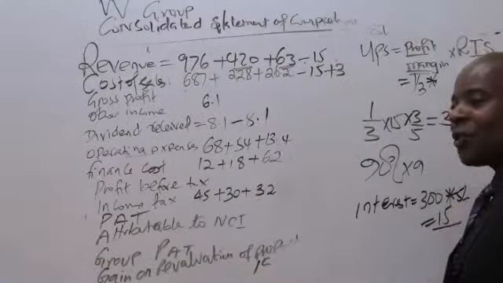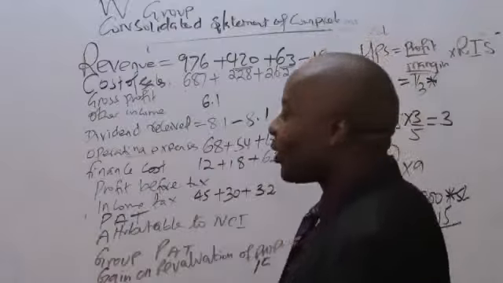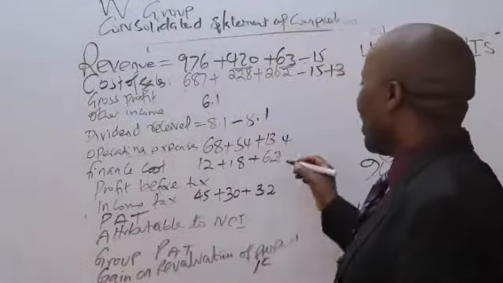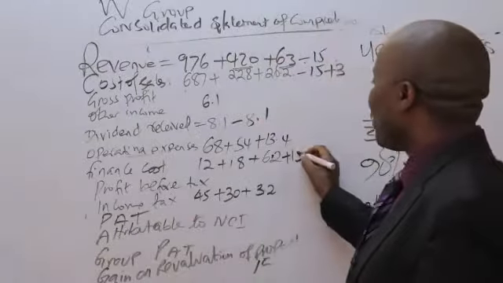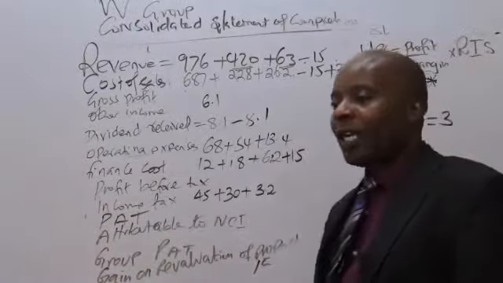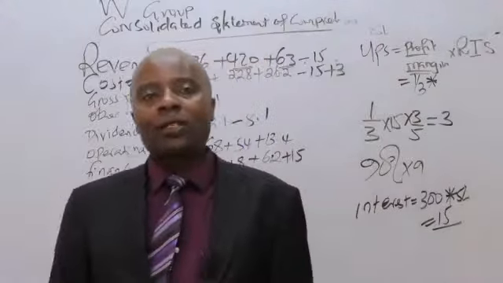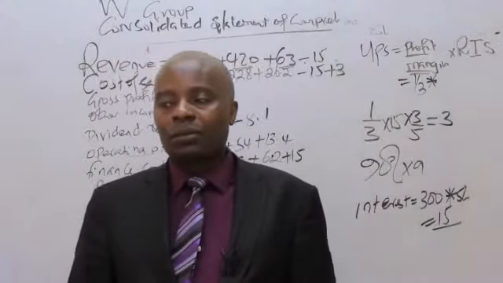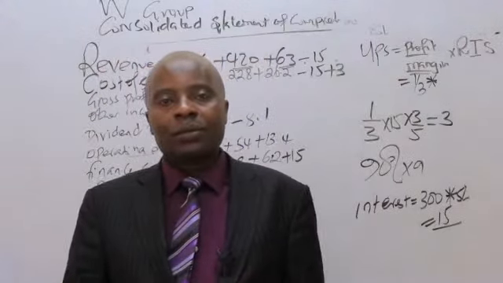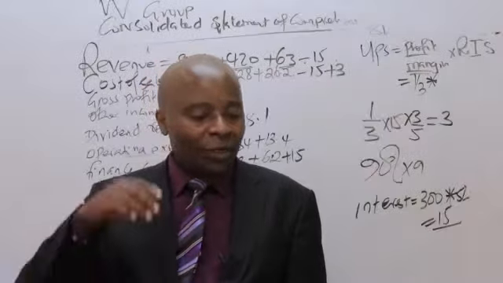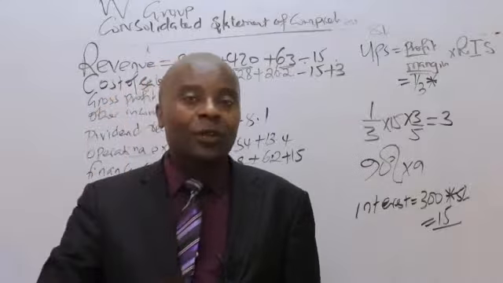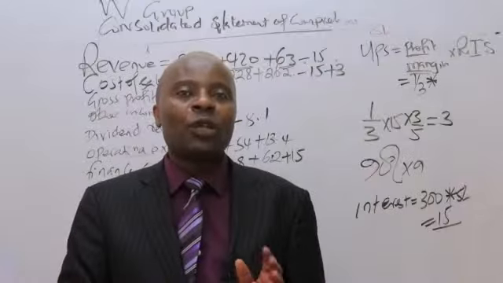So remember, interest is a finance cost. Go to the finance cost and put that 15 there. Interest is a finance cost. I've seen even when you are marking this kind of question at CL, you get people arguing, but this is money that you borrowed for who? Your subsidiary.